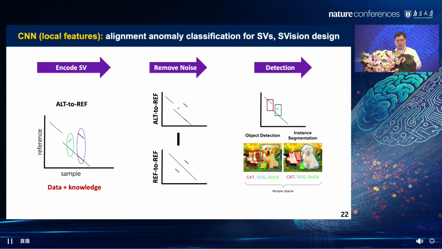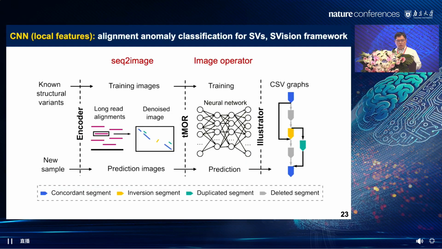Once we have this image, we can straightforwardly use all kinds of computer vision technology to find objects and do all kinds of classification. So this is the framework: there's an encoder, there's a neural network, and there's a graphical representation of the mutant. We can use the simple structural variations as a training set.